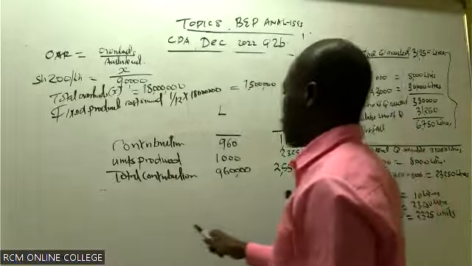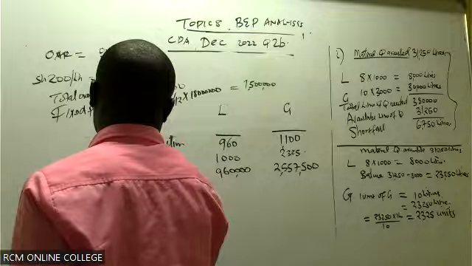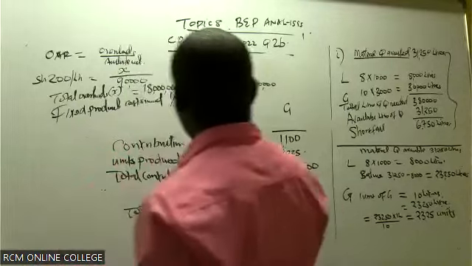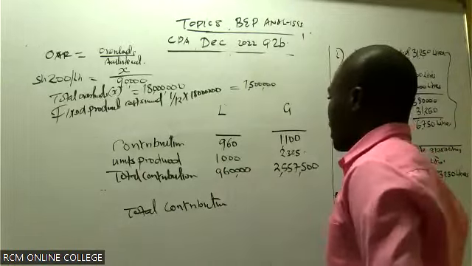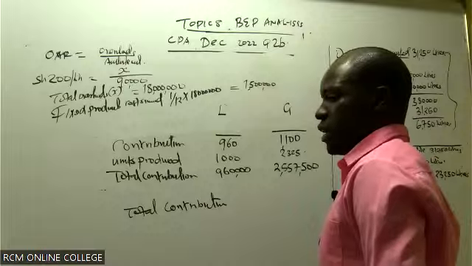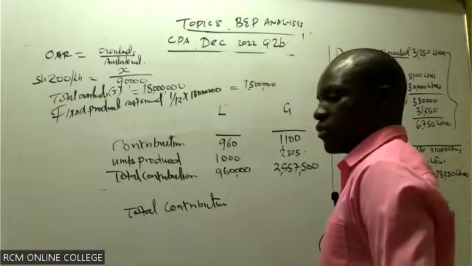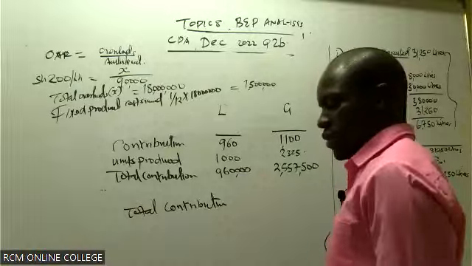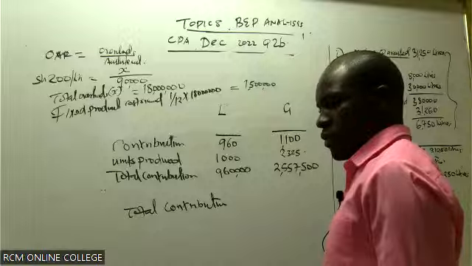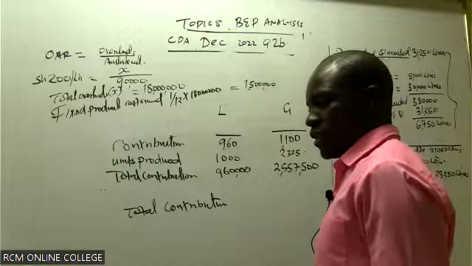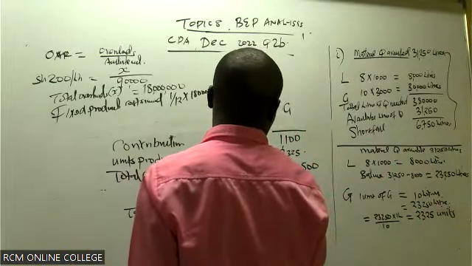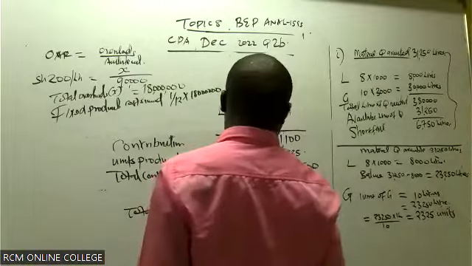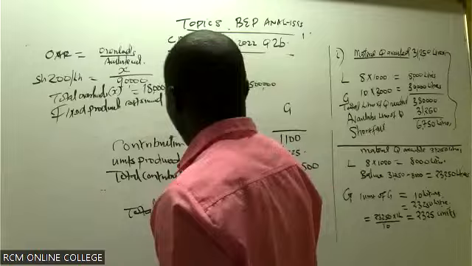Now, give me the total contribution. Adding this plus this, how much do you get? Adding those two, how much do you get? It is 3,517,500. That is the total contribution.